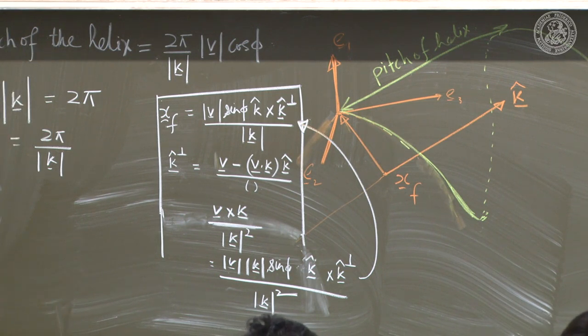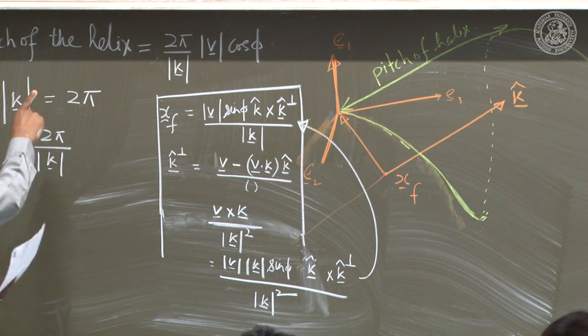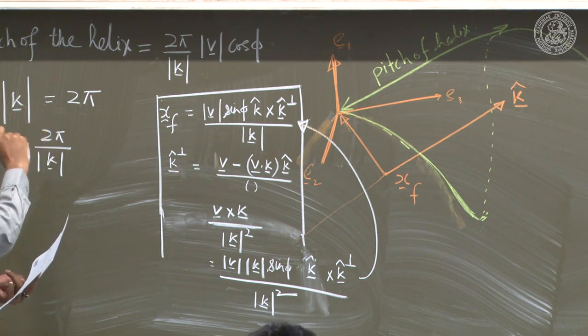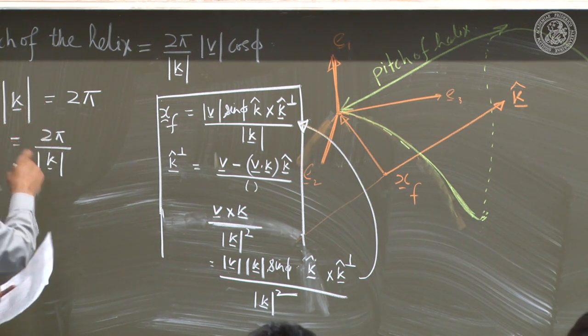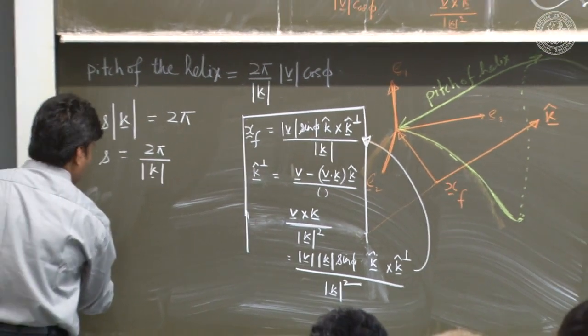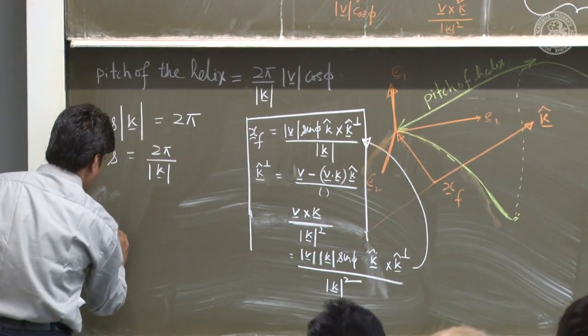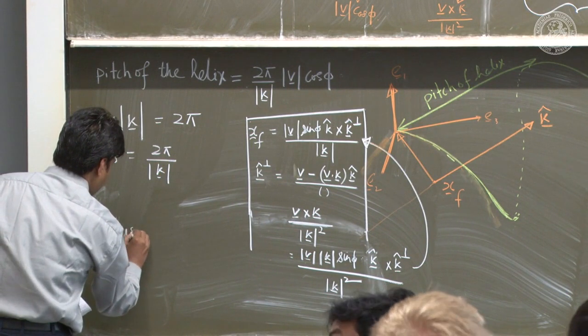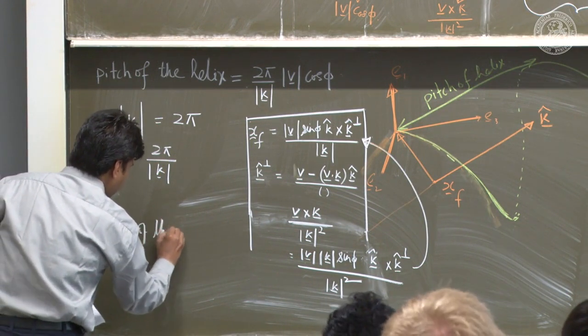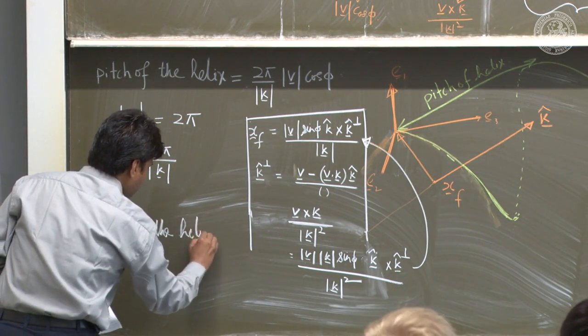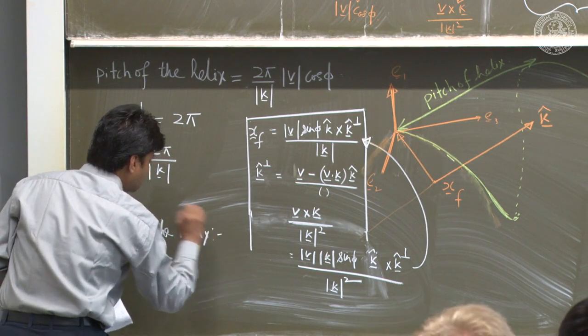All right, so I hope we are clear about the pitch of the helix, isn't it? Similarly, you could also talk about the radius of the helix. What's the radius of the helix? Can you guess what's the radius of the helix?